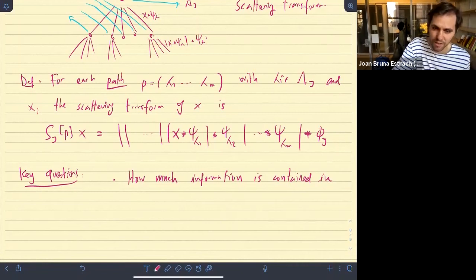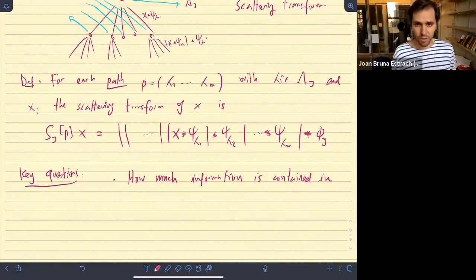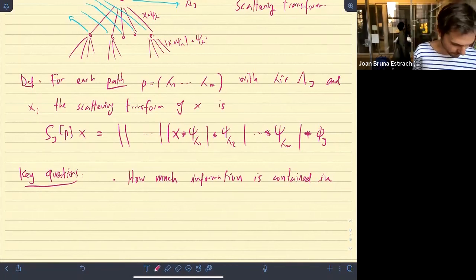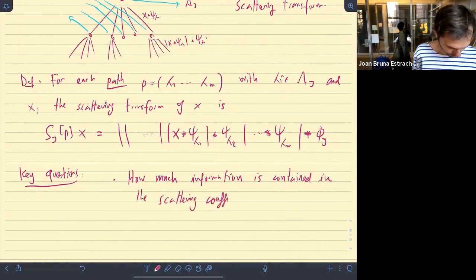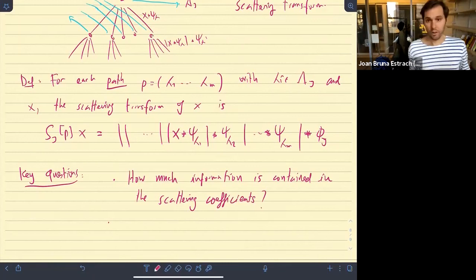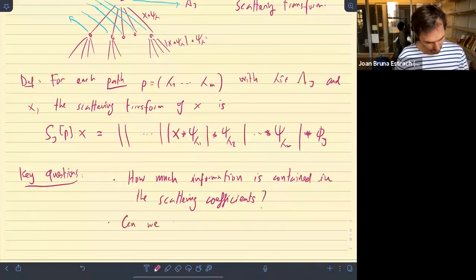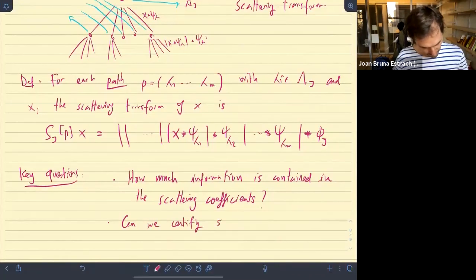Basically, we want to have a sense of whether we are preserving all the structures of the input. So can we reconstruct the input from the scattering coefficients? And another question, of course, and this we already know somehow, is the geometric stability.